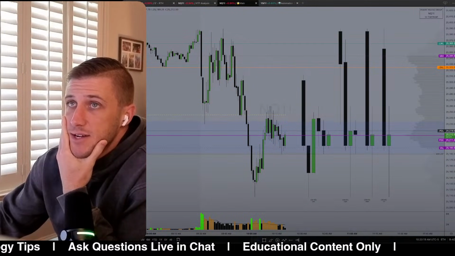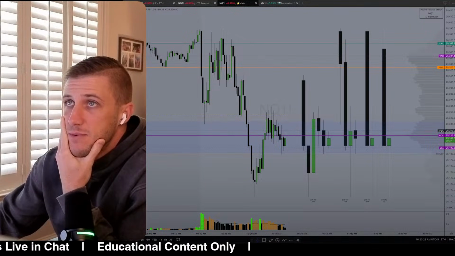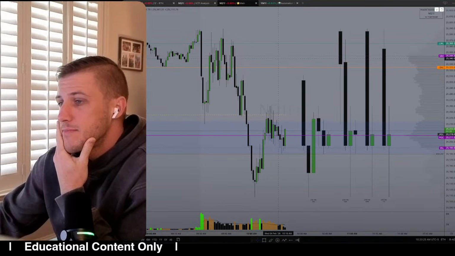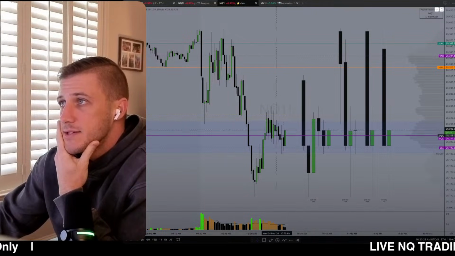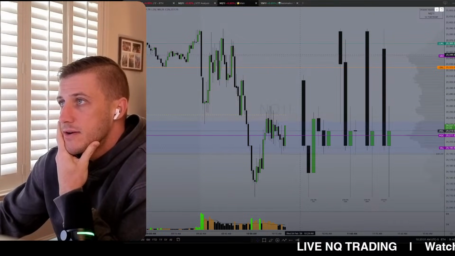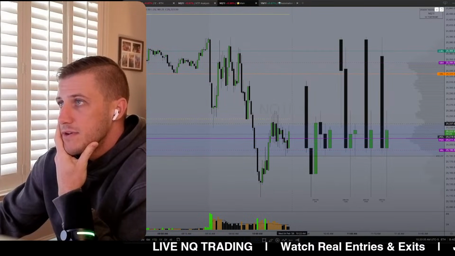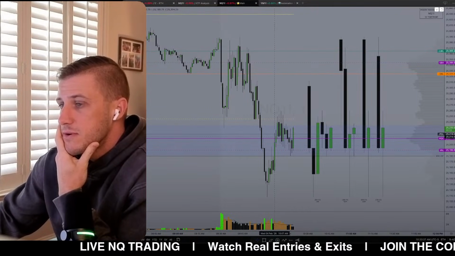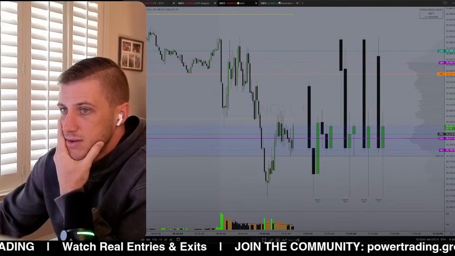You have ES kind of consolidating above overnight low, but bumping into a VWAP in the weekly open. And NQ just kind of in this holding pattern here, notably holding above Monday's low. And volume point of control just shifted lower into this area. So that's noteworthy.